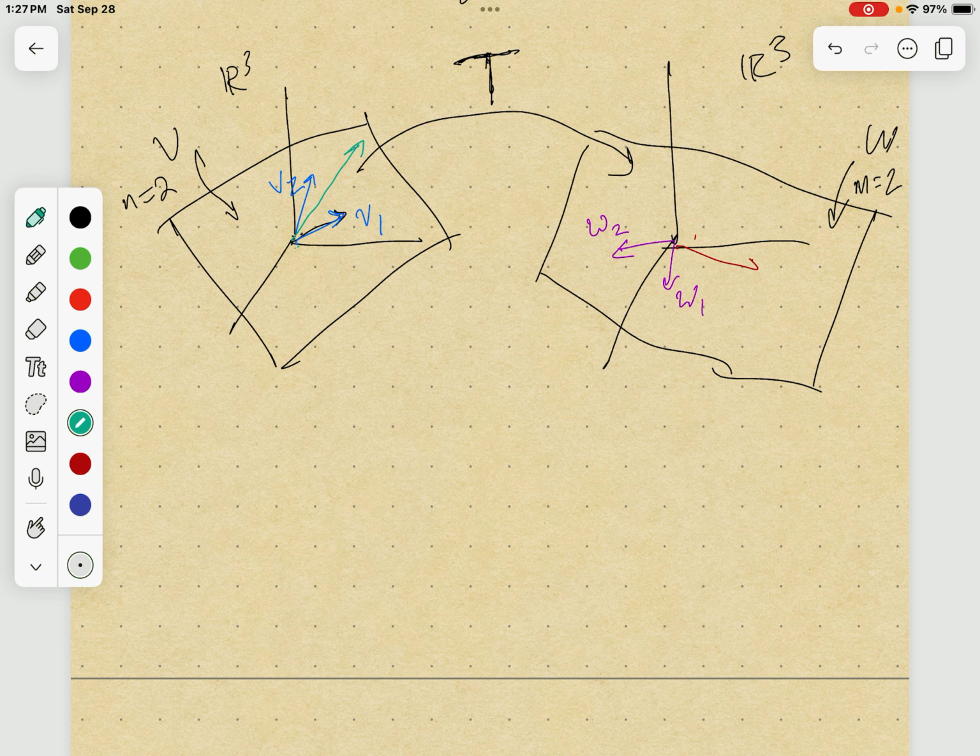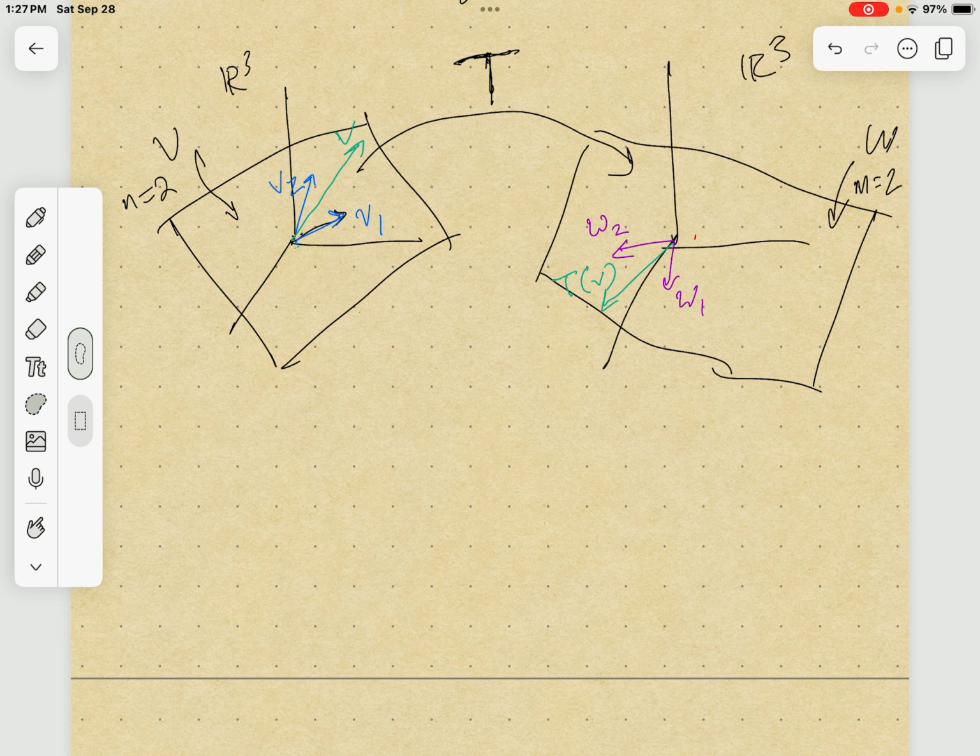So it's going to be like this. Then it will go to W1 plus W2, which is like here. So that's going to be my T of V. Right? And I can represent the vector V as a linear combination of V1 and V2, and I can represent T of V as a linear combination of W1 and W2.